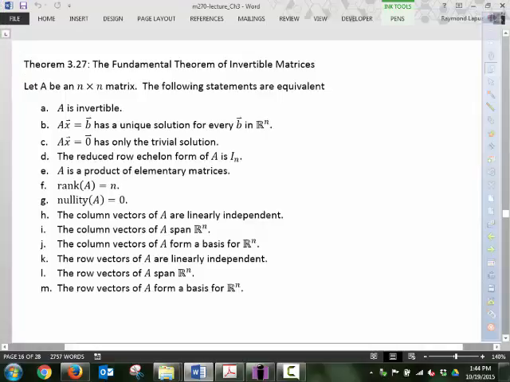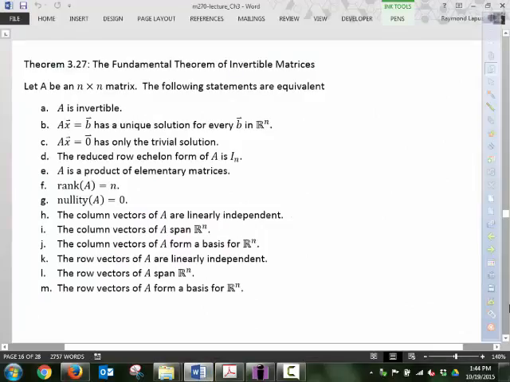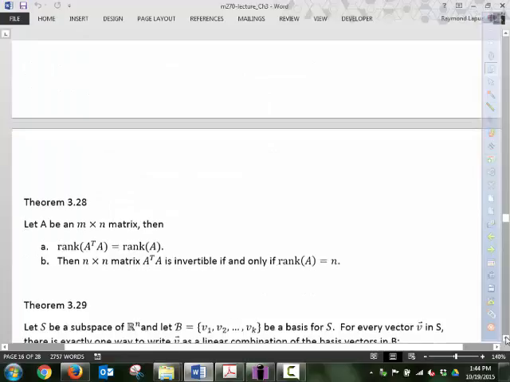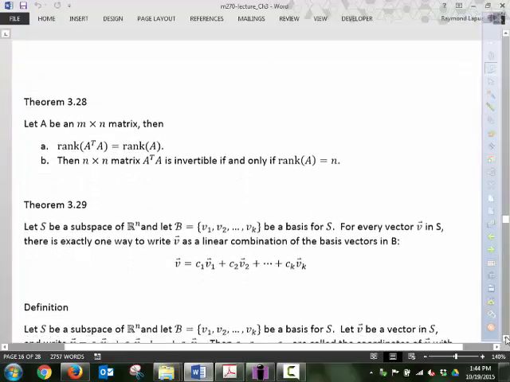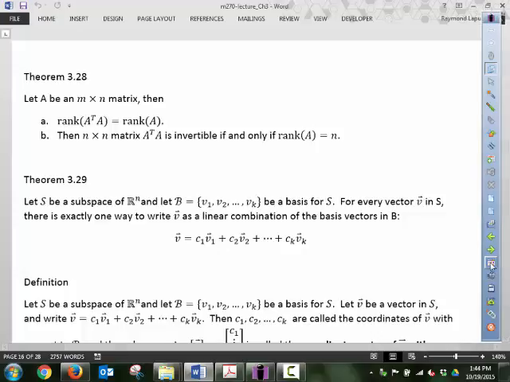All right. Is there more? There's more. Thought we were done. So let's throw out a couple more theorems for your notes.